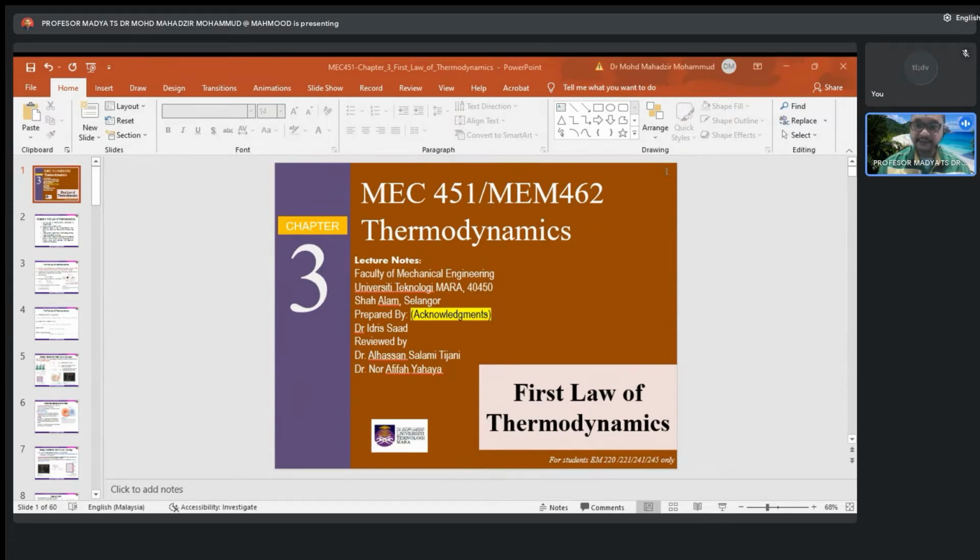First we will look at the closed system, the first part of this chapter number 3, and the second part we will look at, inshallah, the open system, also called the control volume system.